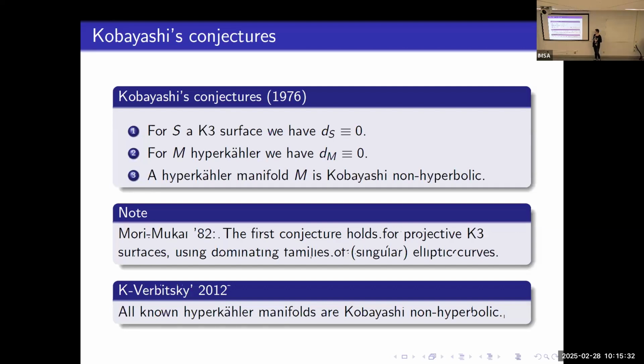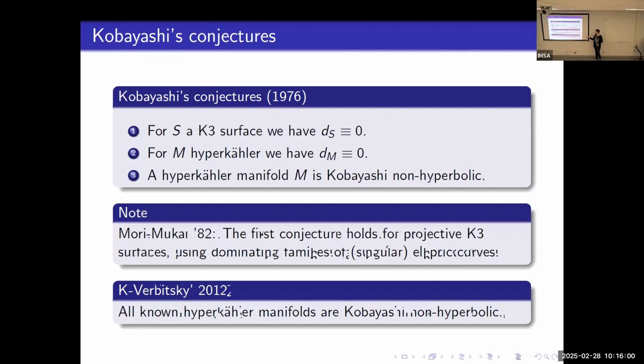Another very nice result by Brody is that non-hyperbolicity is preserved in the limit. So if you have a limit of non-hyperbolic manifolds, it is non-hyperbolic. The same is not true for hyperbolicity. If you take a limit of hyperbolic manifolds, it may or may not be hyperbolic, but for non-hyperbolicity, it is true.